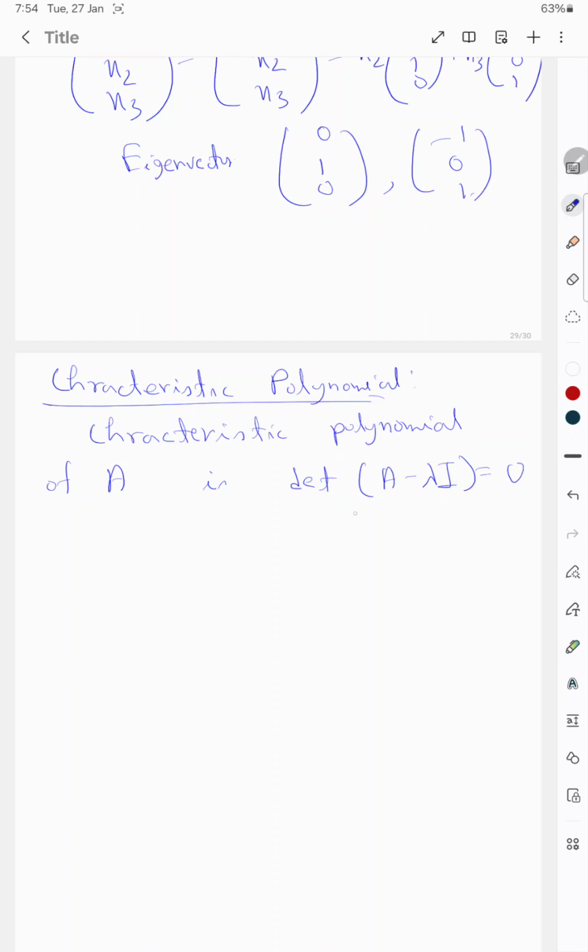So whenever you are doing this, you will get some lambda to the power n equation, right? That is, you will get some polynomial of degree n.